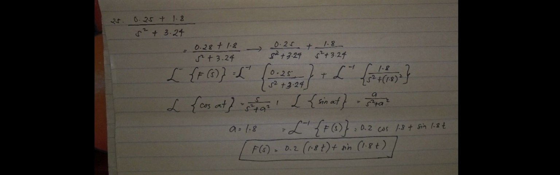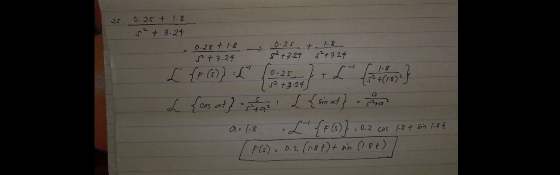Taking 0.2 outside so that only s over s squared plus 1.8 squared remains inside the parenthesis, plus the inverse Laplace of 1.8 over s squared plus 1.8 squared.